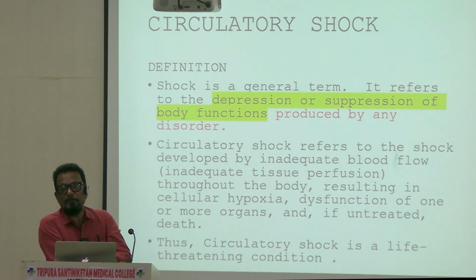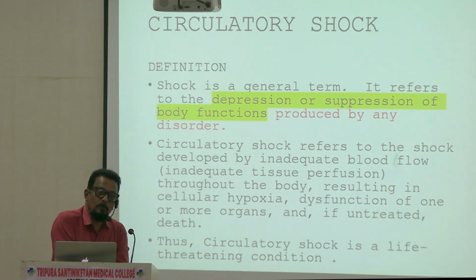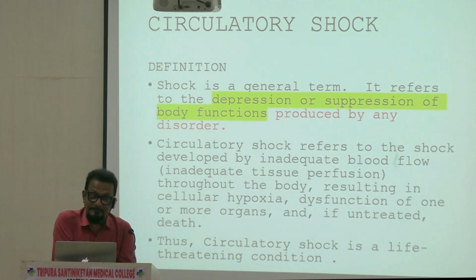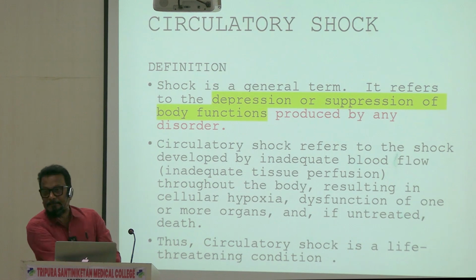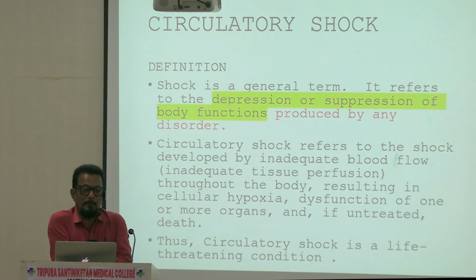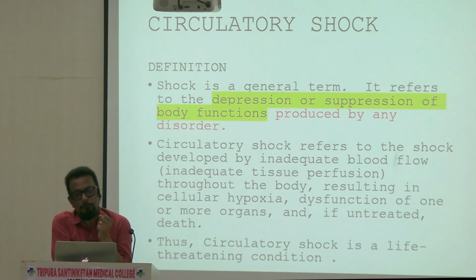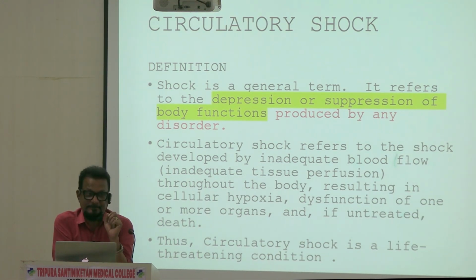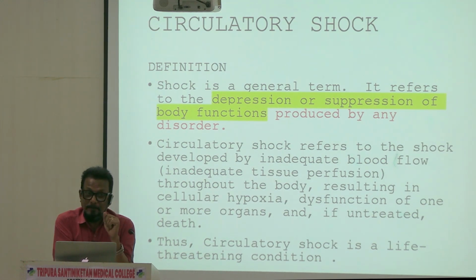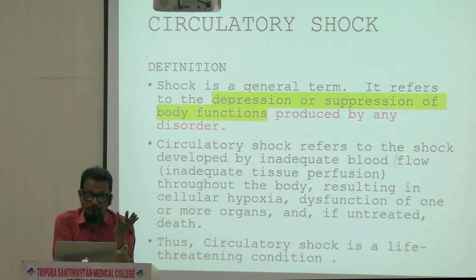As a result, there will be production of lactic acid, and this lactic acid will cause acidosis, lactic acid acidosis. If it is not taken care of, then what will happen? Because of this acidosis, the cells will die.